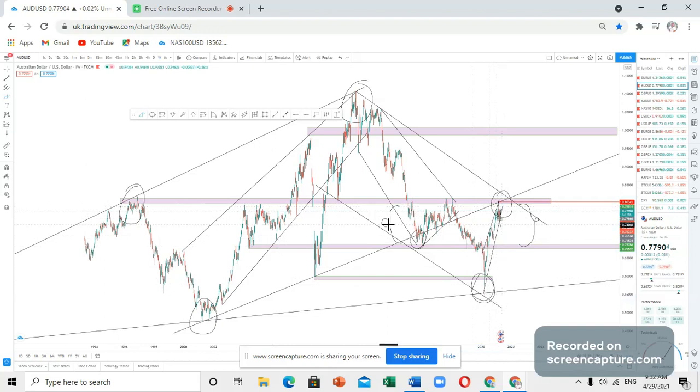So let me remove all these noises here, so that you can have a clear view.